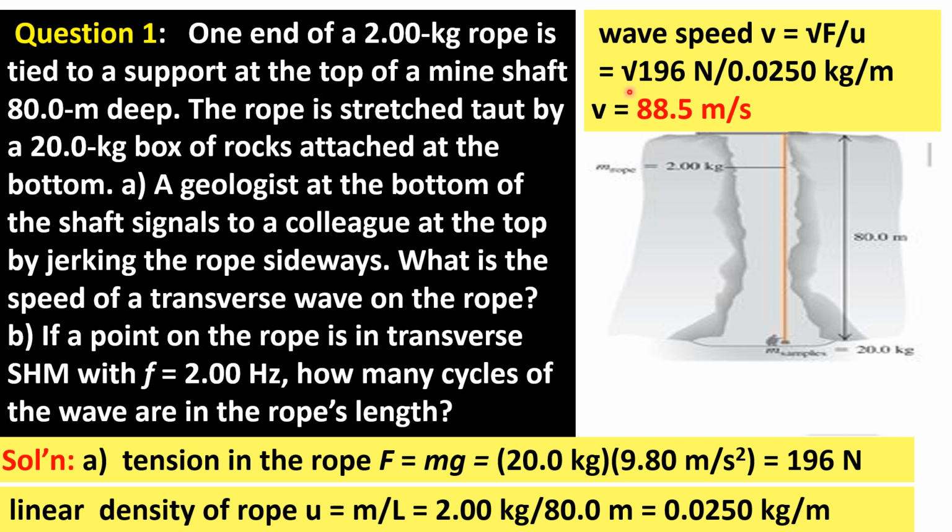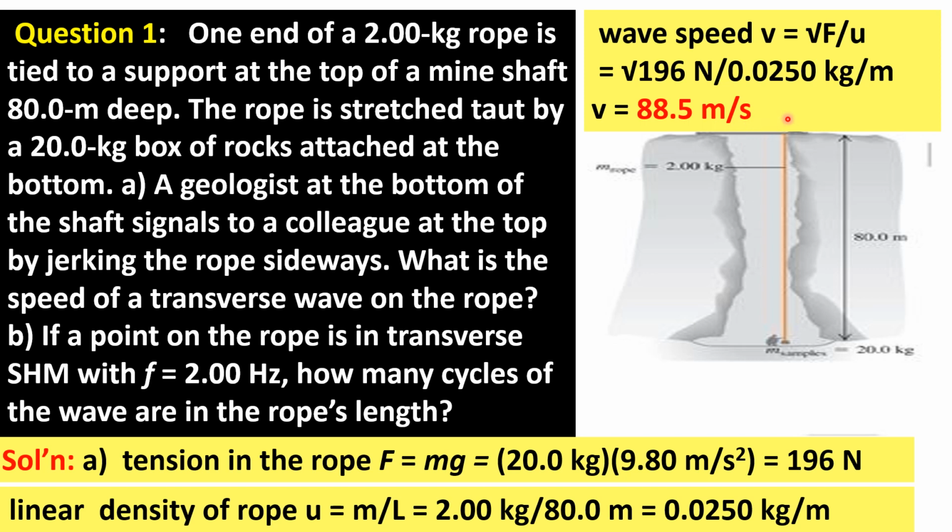Substituting, we have the square root of 196 newtons divided by 0.0250 kilogram per meter, and our answer is the speed of the wave is equal to 88.5 meters per second.